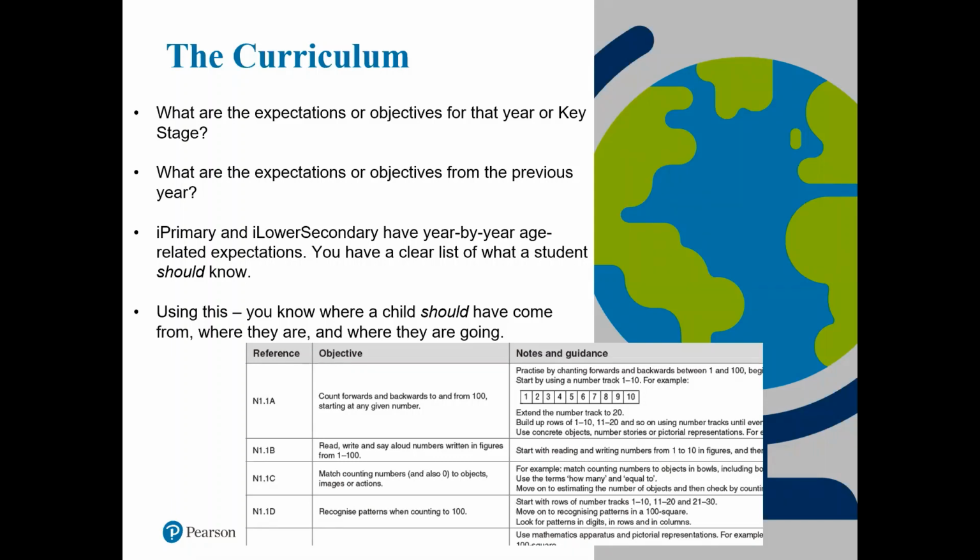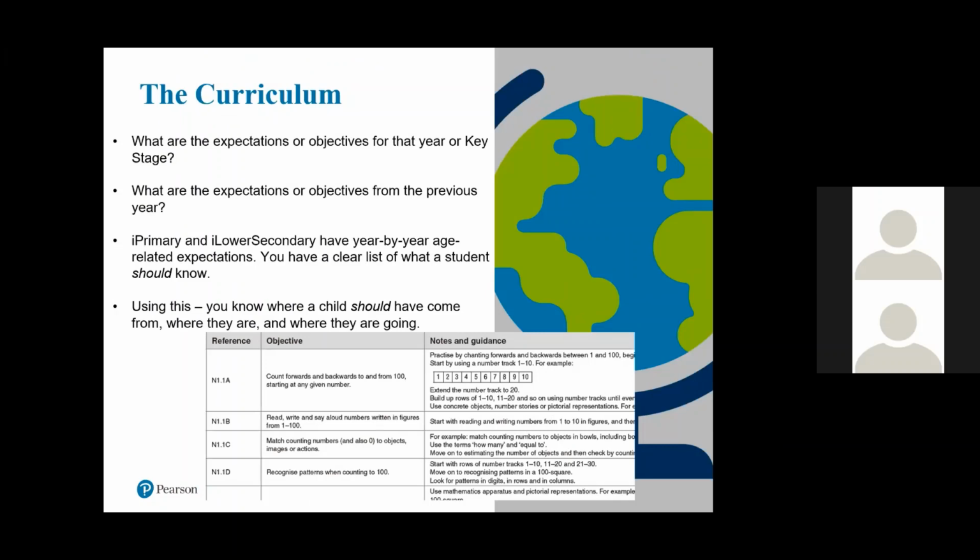Since iPrimary and iLowerSecondary have year-by-year age-related expectations, you've already got a ready-made progression map telling you where a child is coming from, where they should be now, and where they're going. You can see at the bottom of the screen an example of the level of detail provided there. So this is a small selection of the Year 1 objectives for maths.